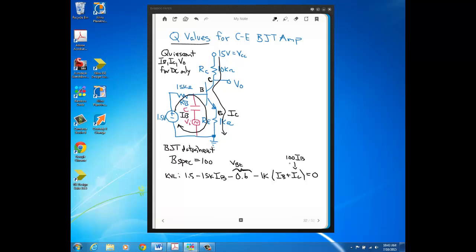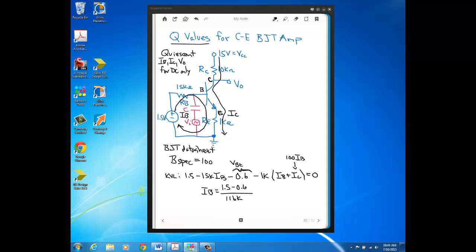So now if you go ahead and plug into this, you'll get that IB is going to be 1.5 minus 0.6 over 116K. Because when we put in 100 IB here, we'll have 101 IB times 1K, which is 101K IB.